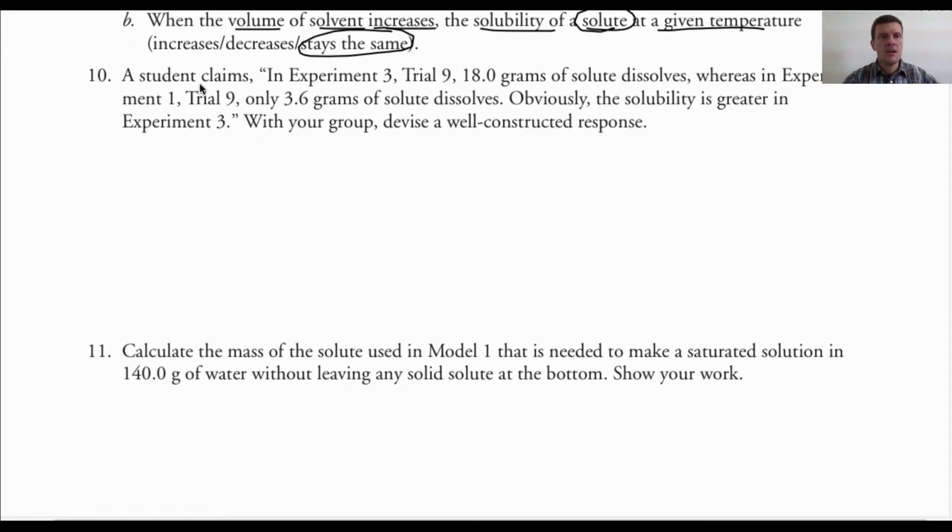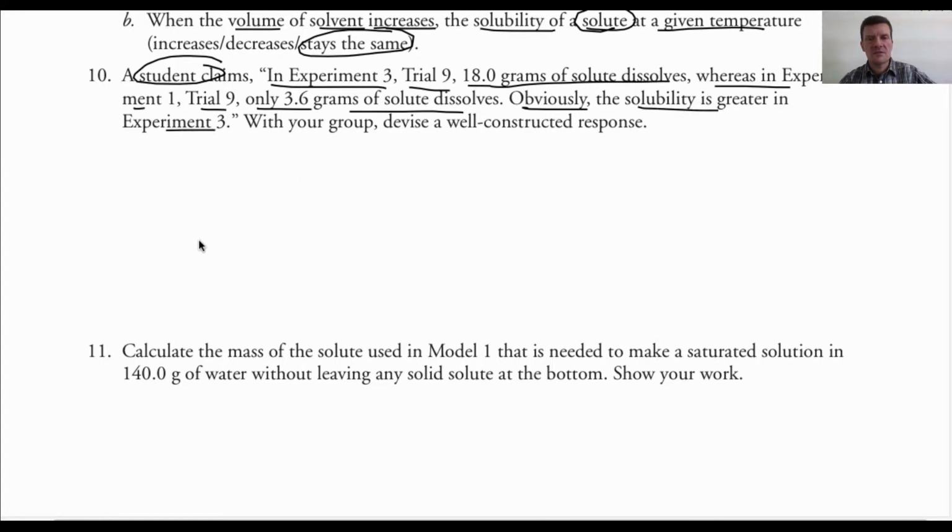Okay? So in experiment 3, trial 9, 18 grams of solute dissolves, whereas in experiment 1, trial 9, only 3.6 grams of solute dissolves. This is what a student is supposedly saying. Obviously, the solubility is greater in experiment 3.